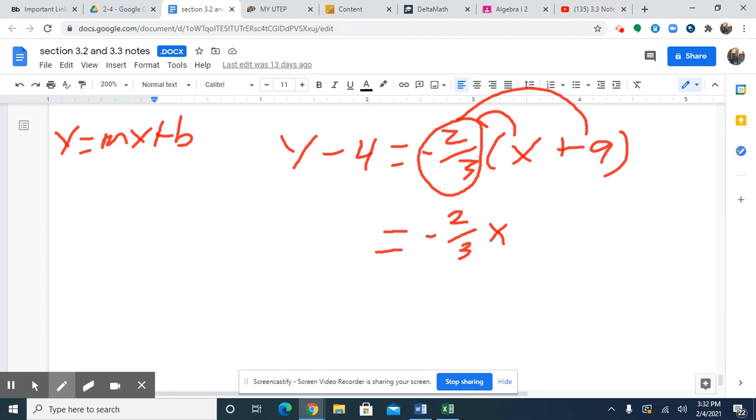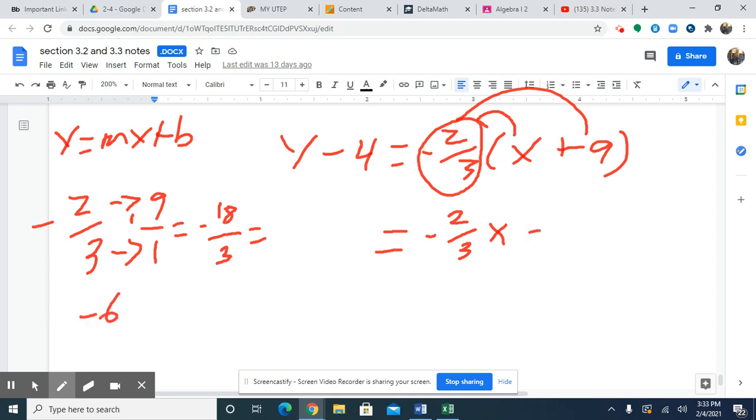And then negative 2/3 times 9. Remember, there's a 1 on the bottom of the 9, so we're going to multiply across. That's 9 times 2, which is 18, and 3 times 1, which is 3. And when we simplify that, 18 divided by 3 is 6, so we have negative 6.